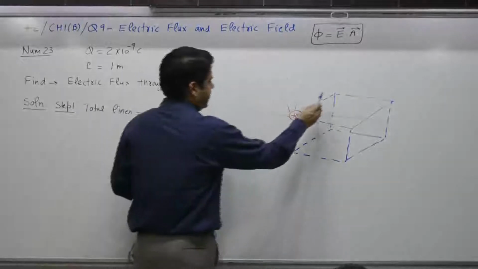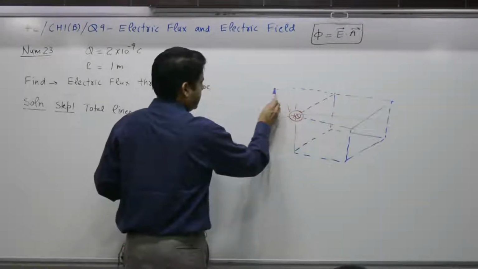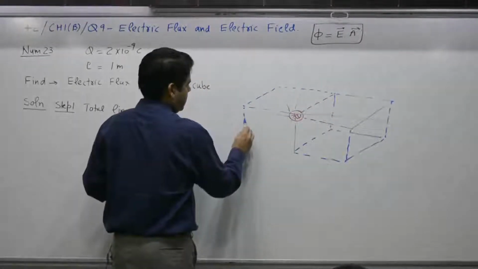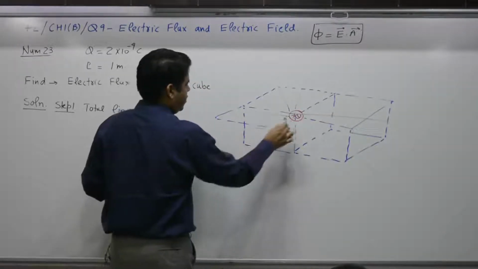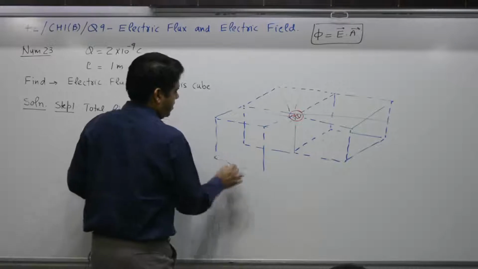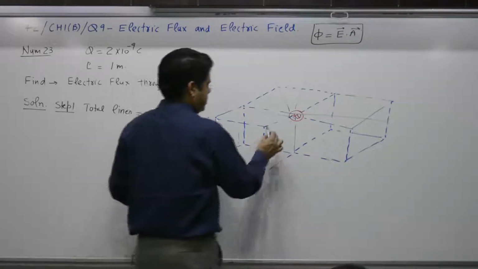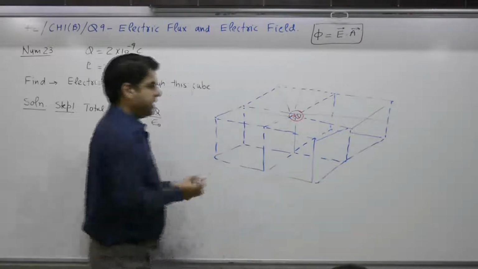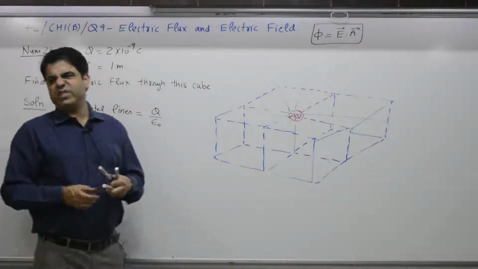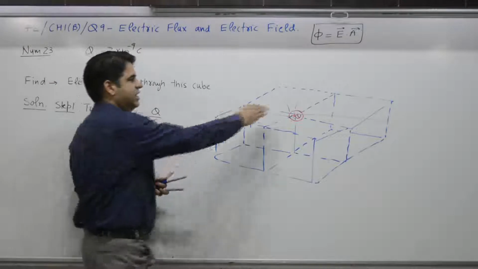If I extend it, I will draw how many cubes? 4. This is 1. Agreed? Still only 50% of the lines are passing, 50% are passing above this.